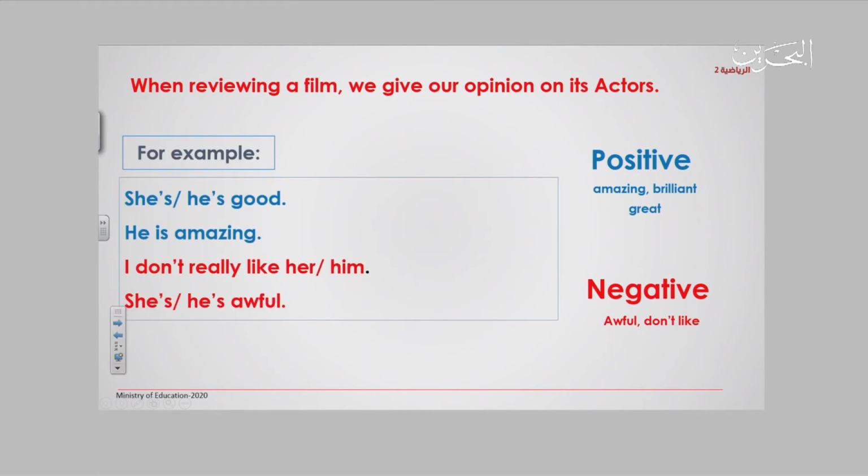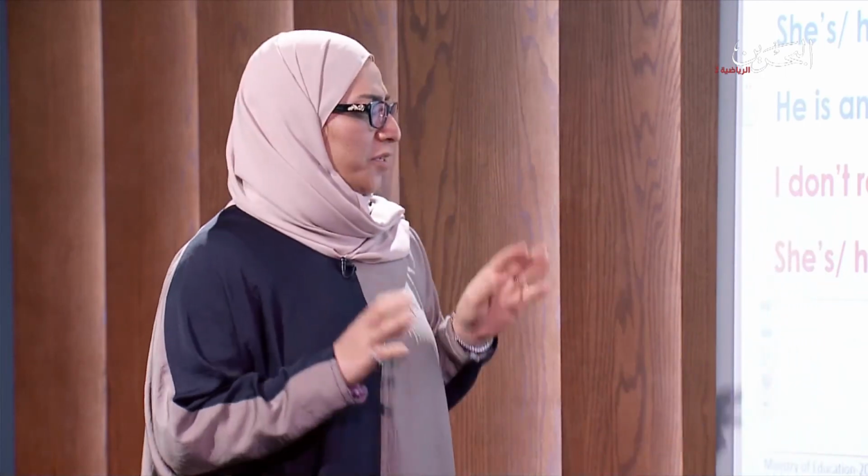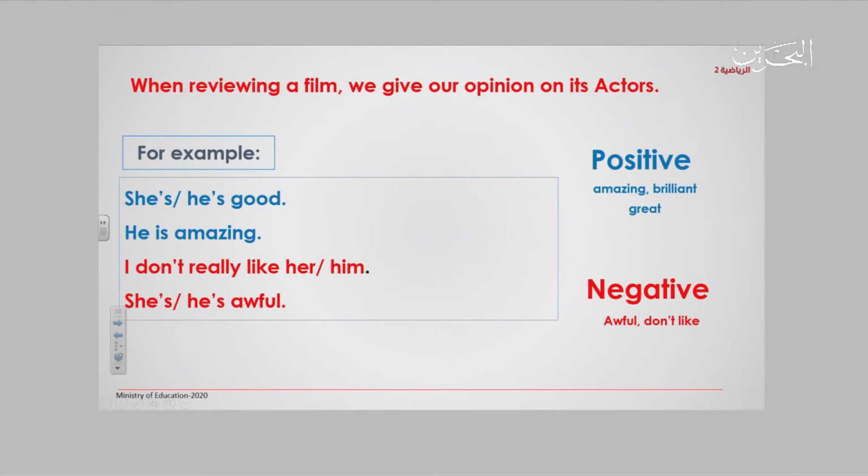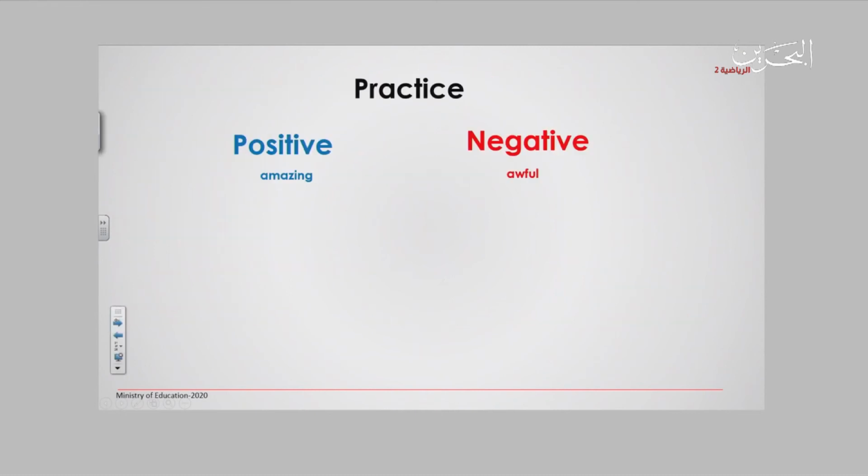For example, he is good. I'm talking about the actor or actress. He is amazing. Negative, I don't really like her or his acting, for example, she is or he is awful. This is again opinion about the actor or actress.